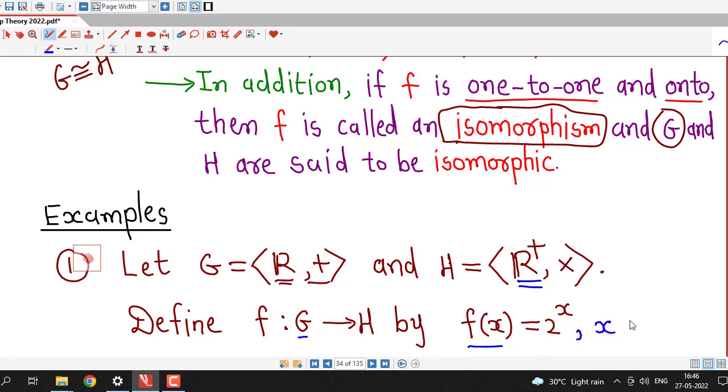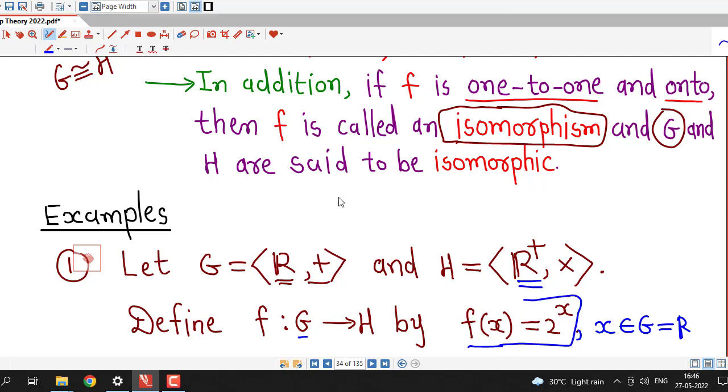Here x is in the domain which is G, the set of real numbers. So for every real number we can find 2 raised to the power of that real number. So this is a well defined function from R to R plus.